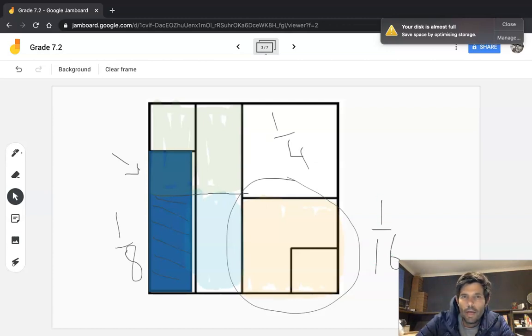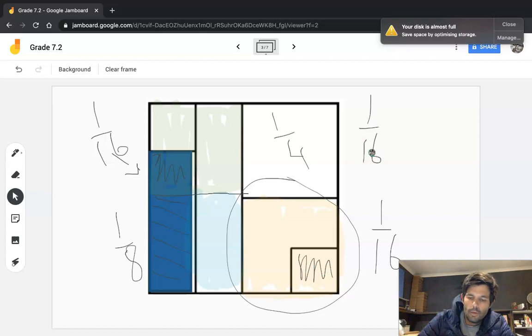Okay, and then I need to add that 1/16 because those two squares will be equivalent. So 1/16 plus 1/8 is going to be 1/16 plus 2/16 because I need to make the denominators the same.